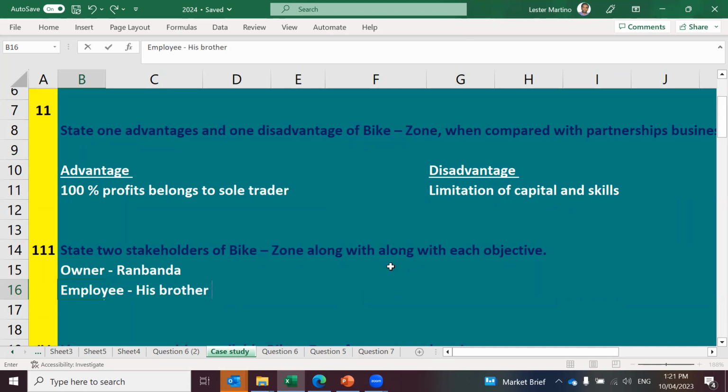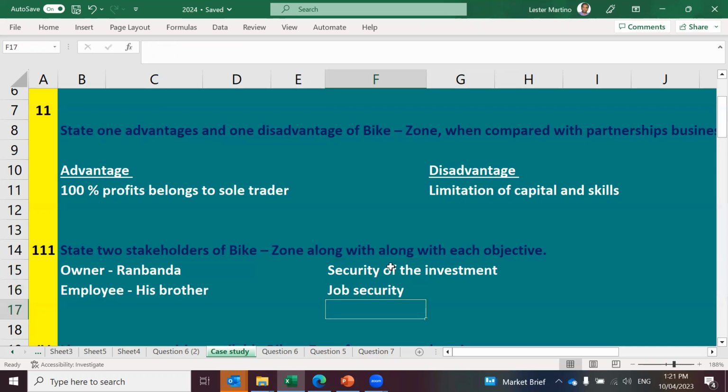So what is your objective, Ranbanda? Any guess? Security of the investment. His brother, job security. Or we can say a substantial amount of salary, whatever.